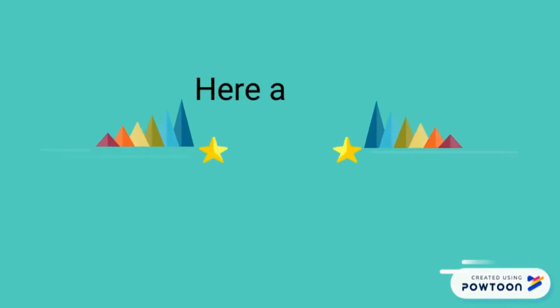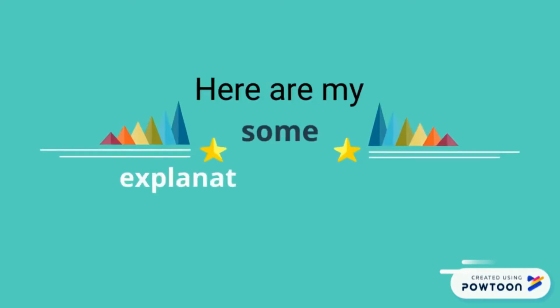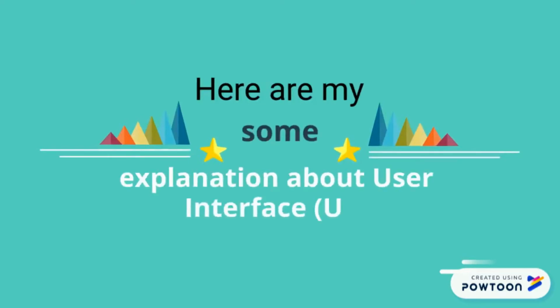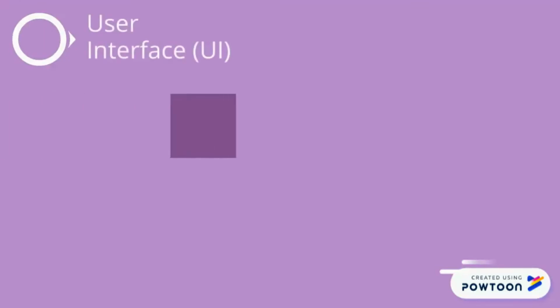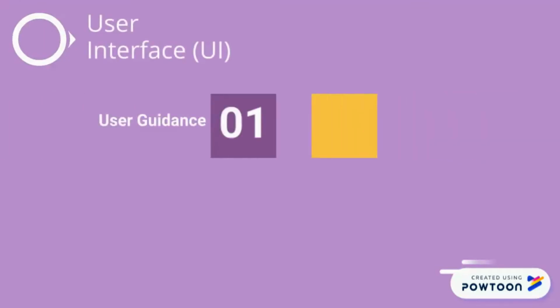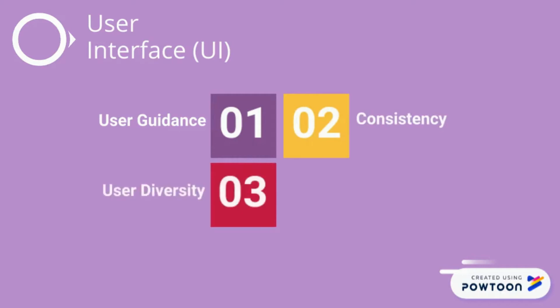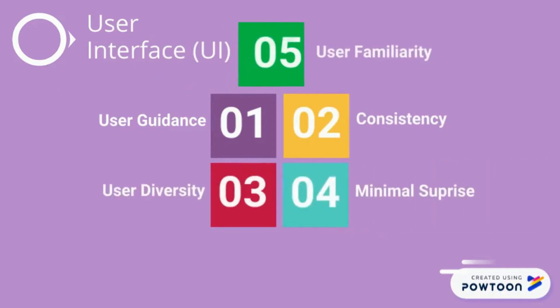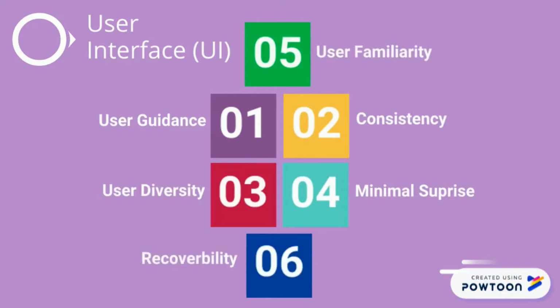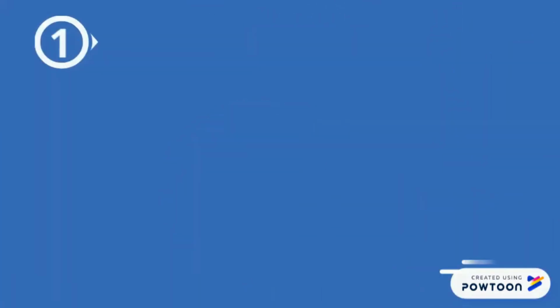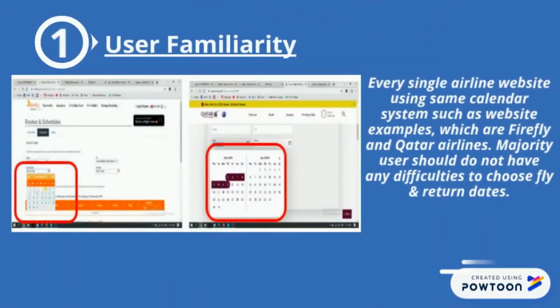Here are some explanations about the user interface. User interface: user guidance, consistency, user diversity, minimum surprise, user familiarity, and also recoverability. User familiarity means every single airline website uses the same calendar system.